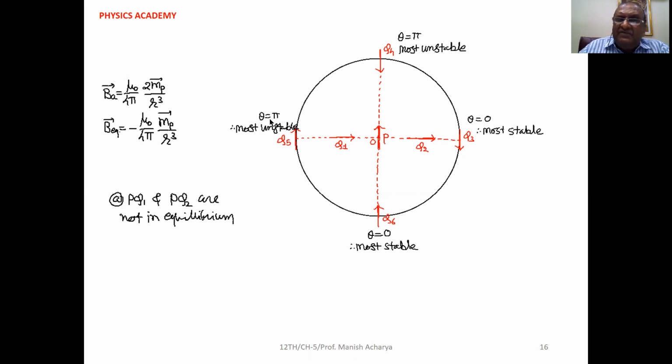So the angle between those two is pi. So we can say this position Q5 is also most unstable. Clear?